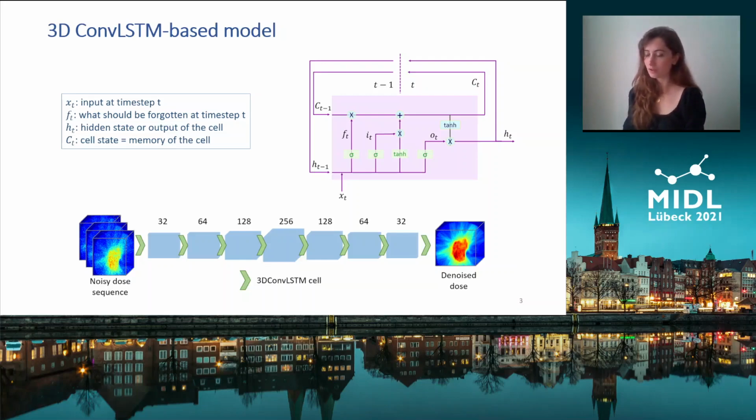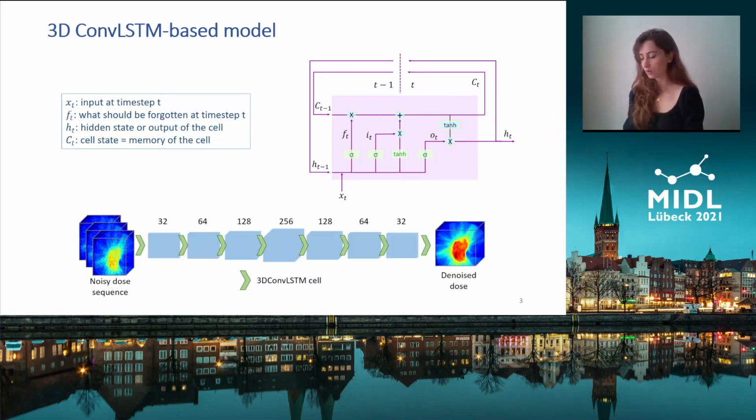The model is meant to handle three-dimensional input data and is fully convolutional. And the goal is for that model to learn to produce a fine-grained dose volume, which is supposed to be similar to a precise Monte-Carlo simulation. And it's supposed to learn that from a sequence of noisy Monte-Carlo simulations.